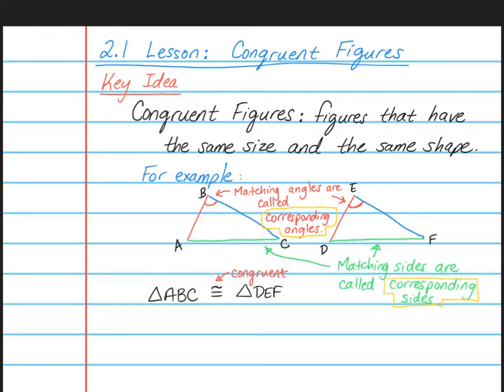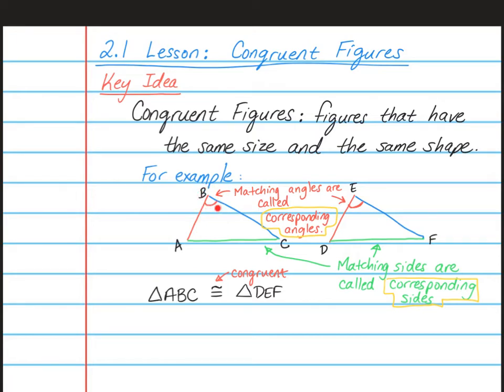Once again, we have congruent figures, which are figures that have the same size and same shape. Within congruent figures, you have corresponding angles, which are the matching angles, and corresponding sides, which are the matching sides. Here it says triangle ABC is congruent to triangle DEF. If we were trying to find all of the corresponding angles and corresponding sides for these two triangles, we could look at the picture.